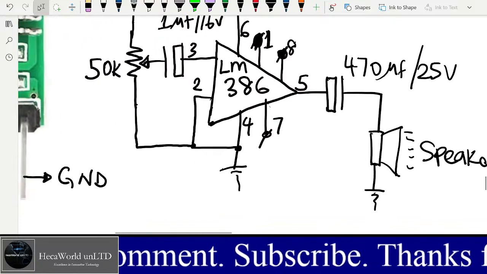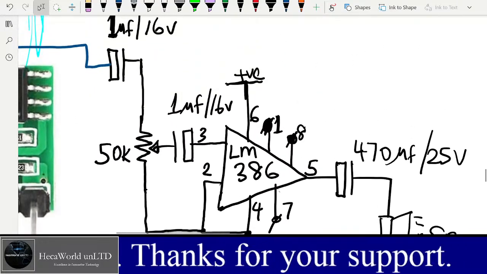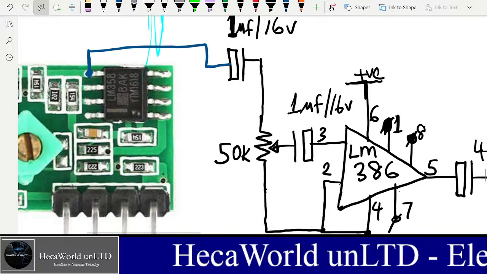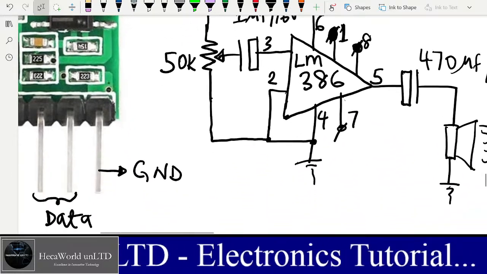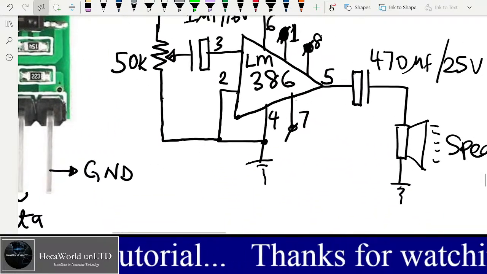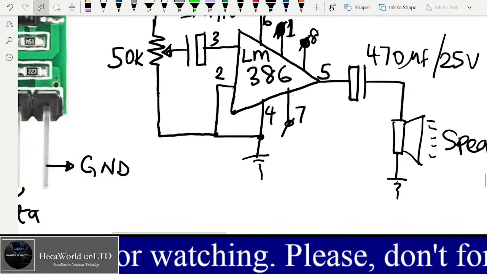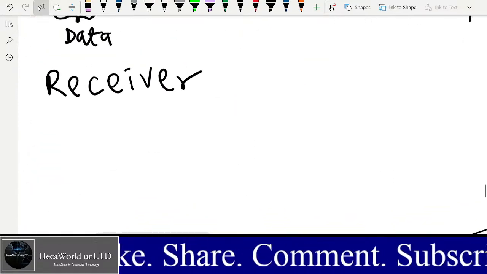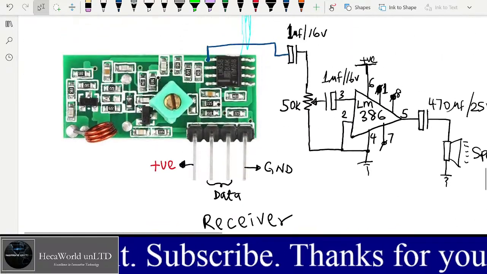So we are taking the output from pin 1 going into the input of pin 5, and we are amplifying that through the LM386, and the signal goes to our speaker. So let's go to our simulator, because there we had explained a little bit.